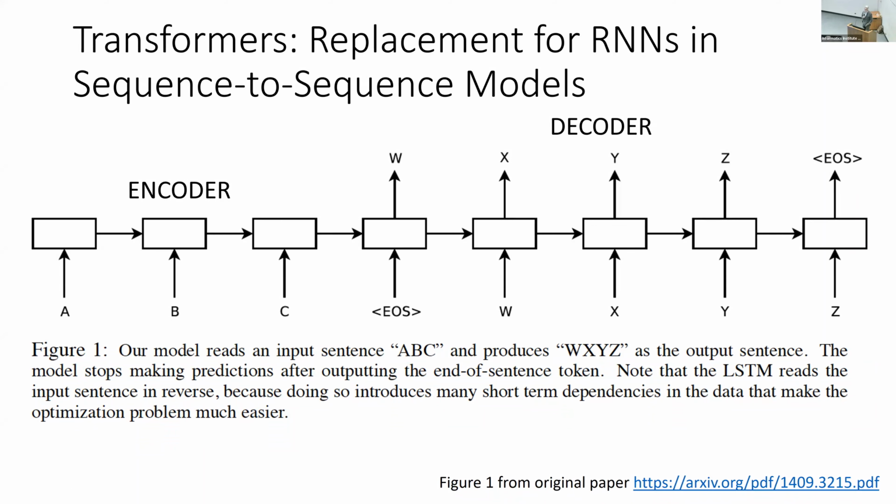This is recursive neural networks, so they were called recursive. So this is an RNN right here and here and here. They're recursive because they're taking in their own input. This particular figure grabbed from this paper was doing translation. So you wanted to encode, say, a French sentence right here. It would encode however many words there are until it got to this end of sentence token right here.